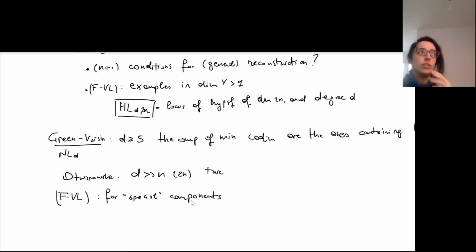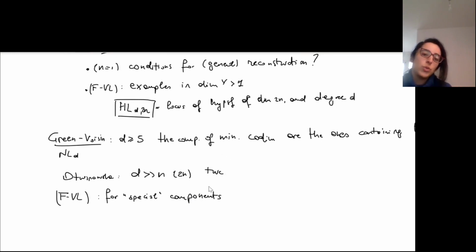For instance, in general, we do not know which is the minimum for the codimension. We do not know which is the minimum, so it's really hard to find.